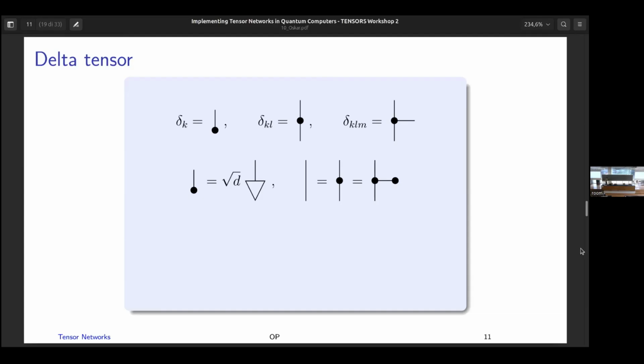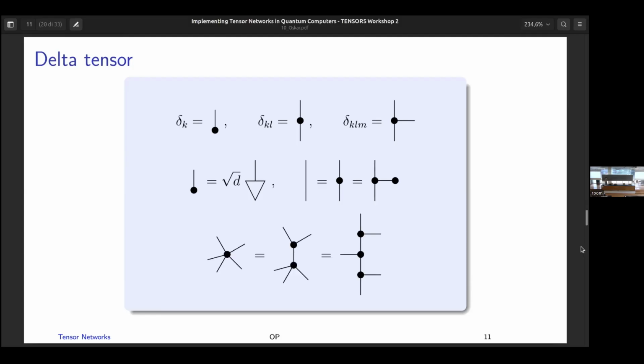The second identity is that out of a line, we can introduce the order 2 delta, and out of this we can separate an order 3 delta and an order 1 delta. We will need it later for our implementation.